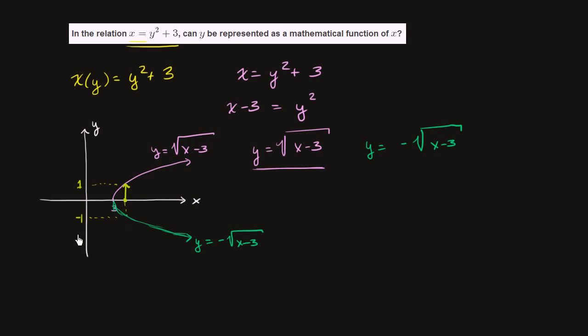So if you were to make a table, x and y as a function of x, you can't have x is equal to 4 and at one point it equals 1, and then in another interpretation, when x is equal to 4, you get negative 1. You can't have one input mapping to two outputs and still be a function.